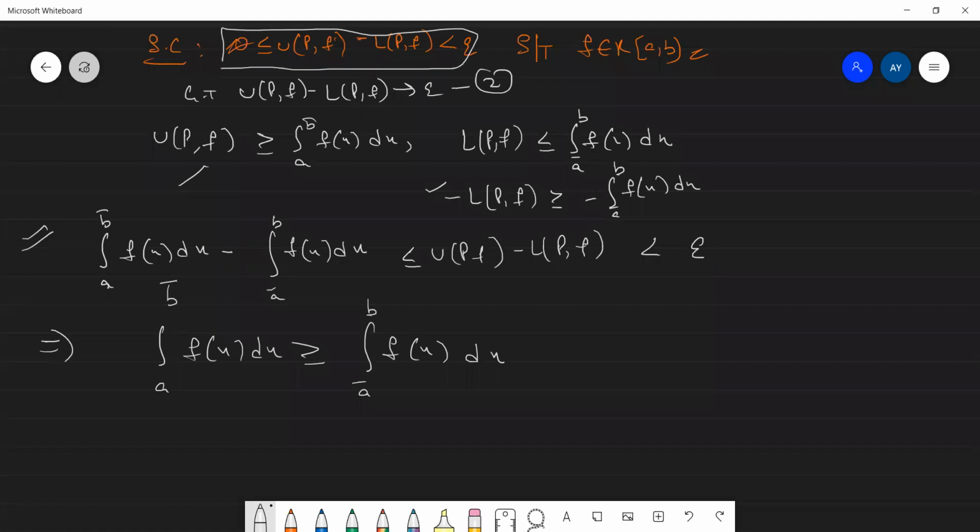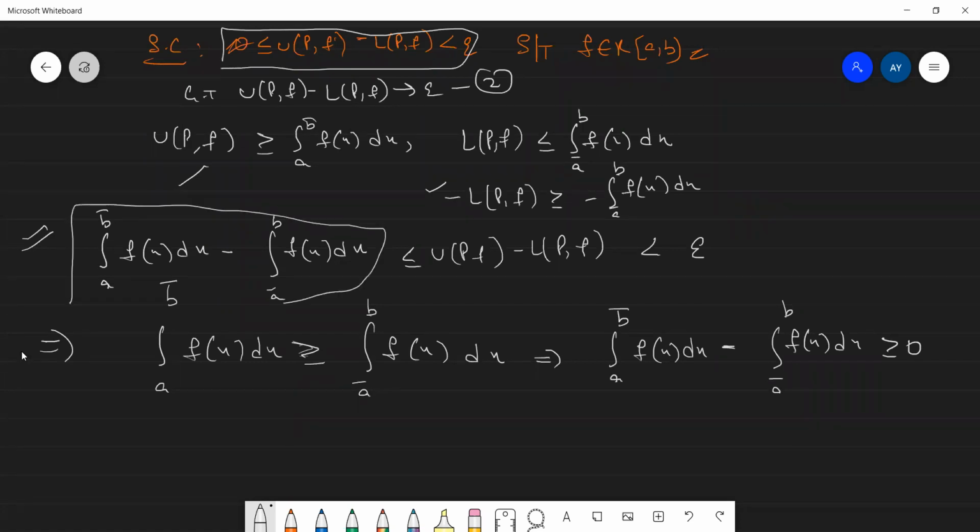So if these both hold, what can we write? The upper integral of f(x) dx minus the lower integral of f(x) dx is greater than or equal to 0, right? And what did we get? The upper integral minus the lower integral is less than epsilon.